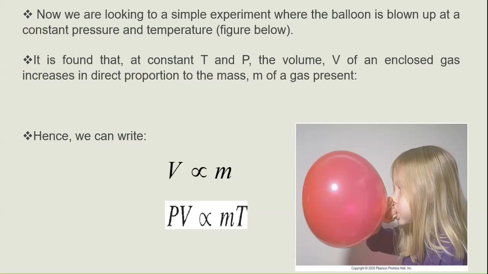You don't feel that when you're blowing the balloon, the temperature changes from, let's say, 30 degrees to 0 degrees. It doesn't happen, and neither does pressure. It stays constant. So when you blow air inside the balloon, inside an enclosed system, the volume increases inside the balloon because of the increased mass that you are putting inside the balloon.